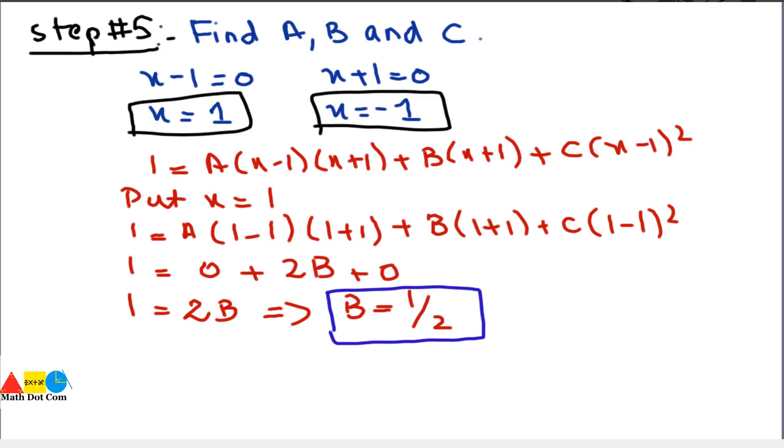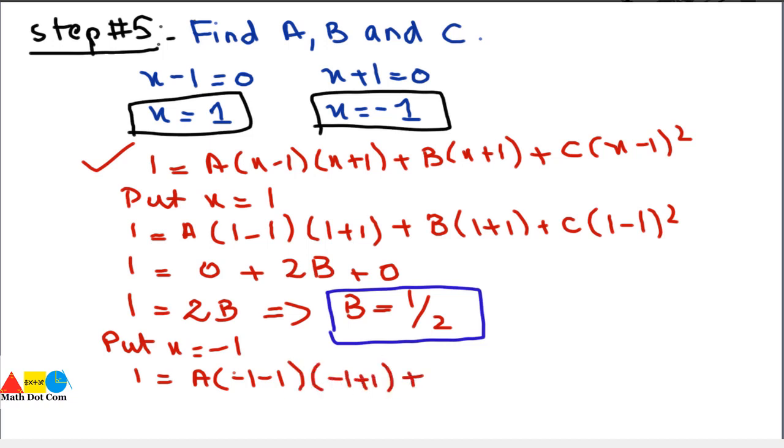Now put x is equal to minus 1 in the same equation, this one: 1 is equal to a into minus 1 into minus 1 plus b into minus 1 plus 1 plus c into minus 1 whole square.